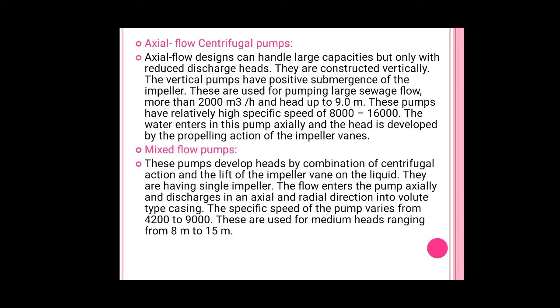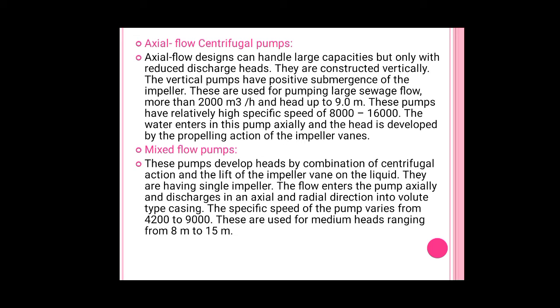The vertical pump has a positive submergence on the impeller. These are used for pumping large sewage flows of more than 2000 cubic meter per hour and head up to 9.0 meter. These pumps have a relatively high speed, like 8000 to 16000. The water enters this pump axially and the head is developed by the propelling action of the impeller vanes.